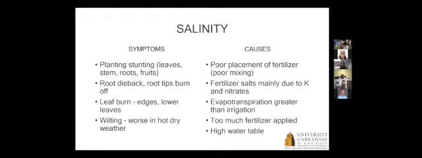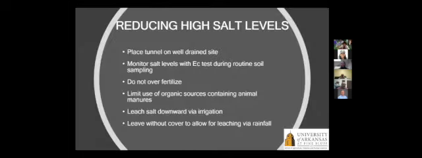And a lot of times the water lying down there in the water table would contain salts as well. So these are some of the things that we have to be aware of if we want to avoid having issues with salinity. Now, how do we reduce salinity levels?